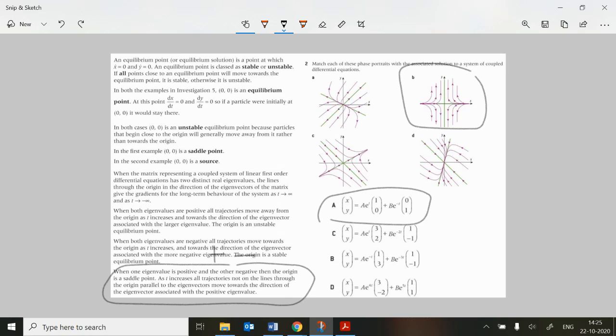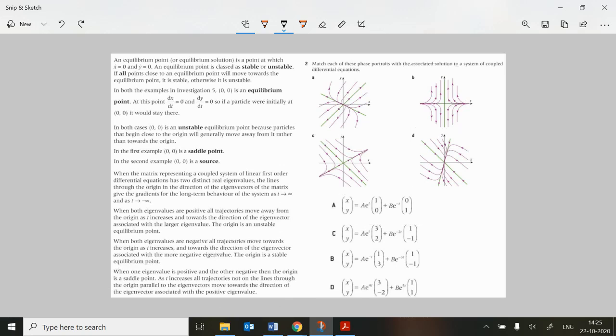Well, the positive eigenvalue here is 1, 0. So moving in that direction would mean we will be moving this way over time. And you can see, in fact, that if you choose a point here, it's suggesting that you're coming closer over time. So I wanted to check that one out, and I came up with just a simple example here. I said, well, let A and B both equal 1.